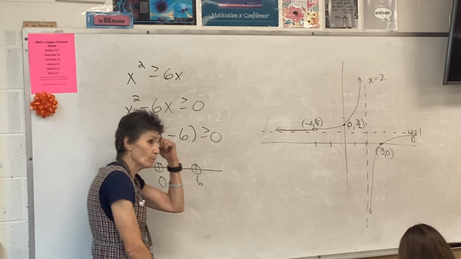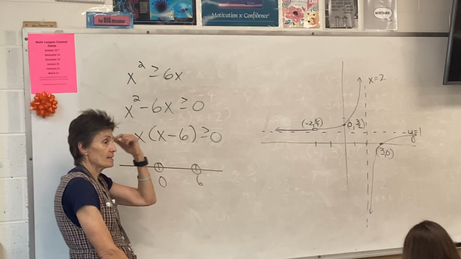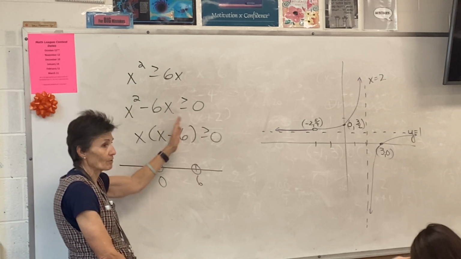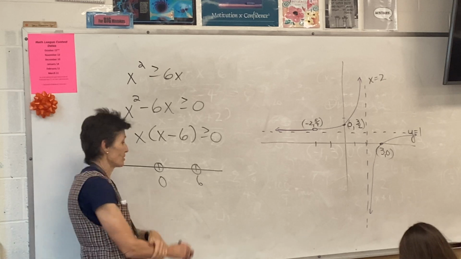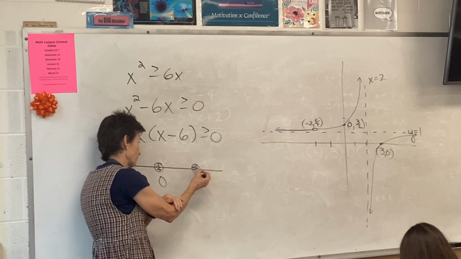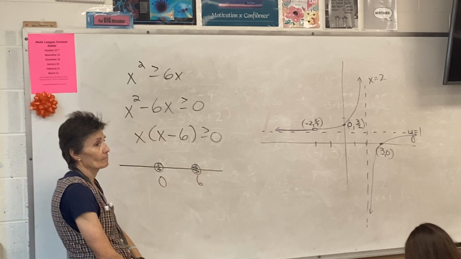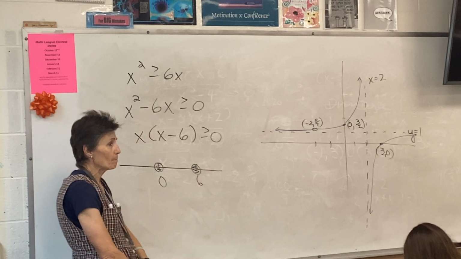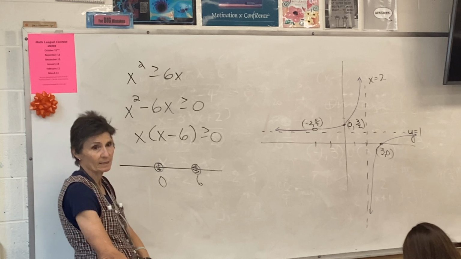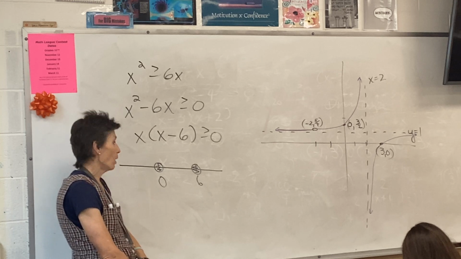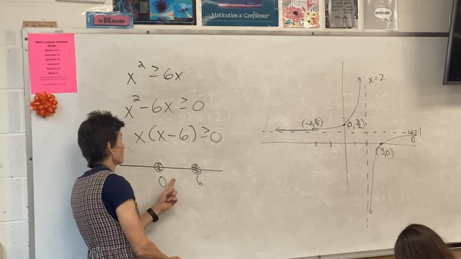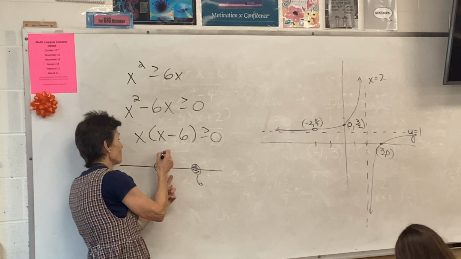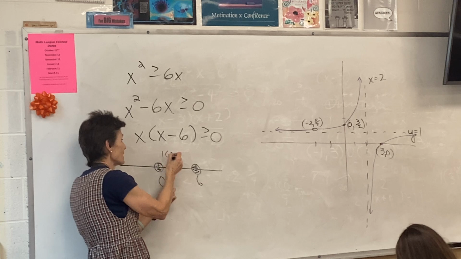Come on, engage your brain. We set it equal to 0 and then factor it. Those dots should be closed in. Oh shoot, I can't pick 0 this time, so I have to pick a different number. 1 is in here. 1 would give me a positive times a negative.